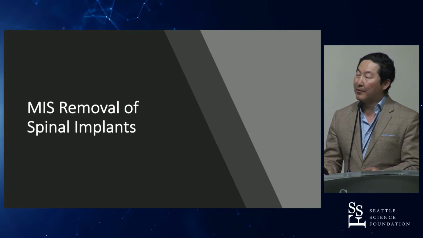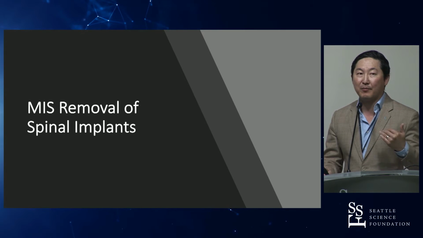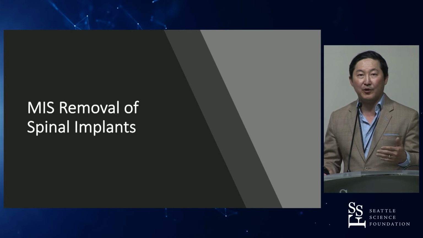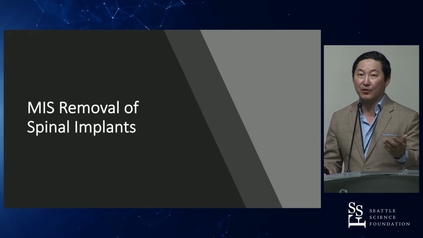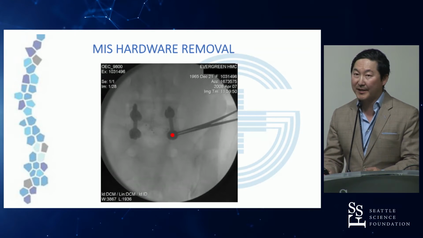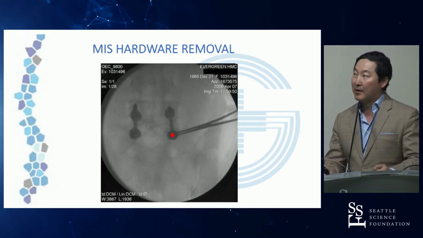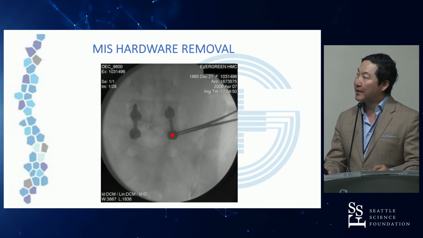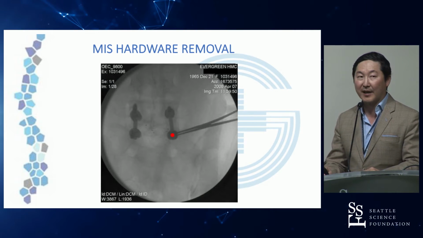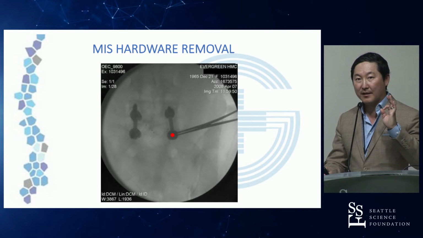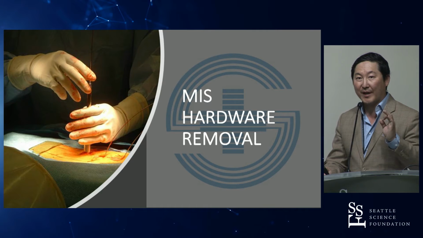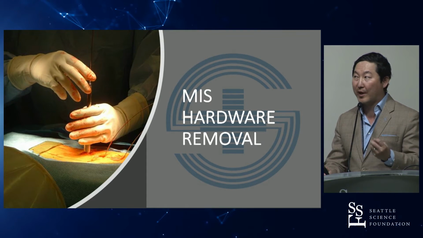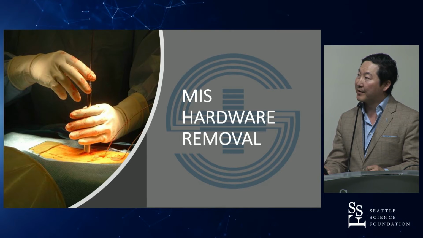We can also now perform more complex procedures, meaning, what do you do about removing hardware that's already been placed either by the same surgeon or a different surgeon? But there are techniques now where you can actually utilize minimally invasive techniques. So this is a laser-guided approach where you go down the shaft of the screw itself, and then you place a guide wire right down that coaxis and put that guide wire on the screw head and then dilate over with the screws.